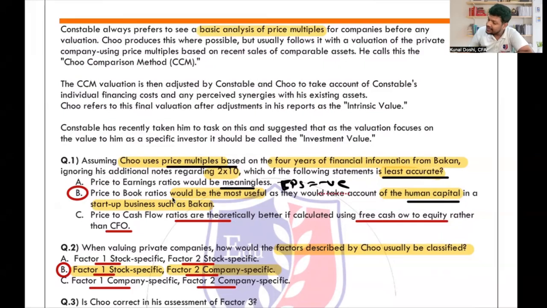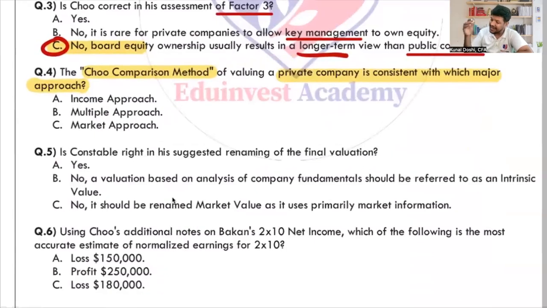Chu produces this where possible, but usually follows with the valuation of the private company using price multiples based on recent sales. He calls it the Chu comparison method. So guys, he is using price multiples. Is that an income approach, multiple or market approach? Very easy. He's using a price earnings model. So it's a multiple approach or a market approach, everyone.